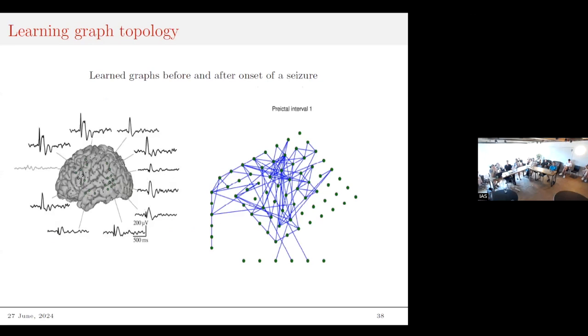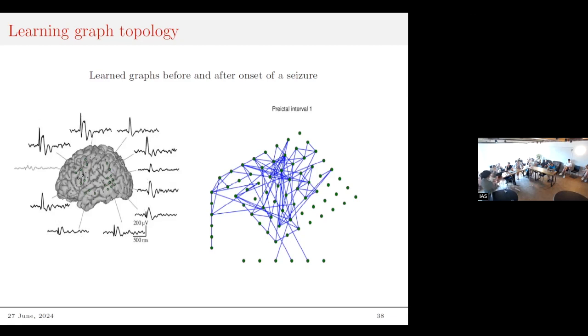Here we have the learned graph before and after the onset of the seizure. We used for all the graphs the same equation to say whether there is a link or not.